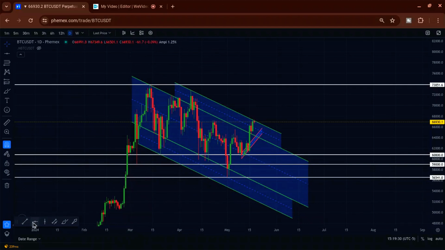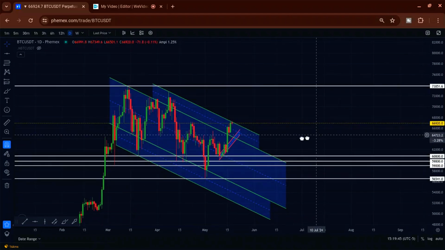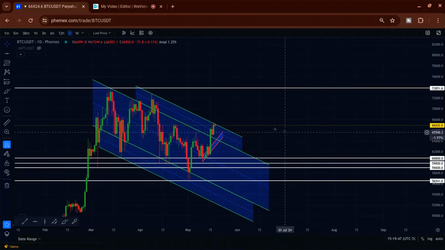I should probably put one here. I've been watching this level, the 59,800, because that's the 18% dump where the wick stopped. I didn't draw that in, did I? But there it is, right? And then there's a level at about 65,000 where I've been marking with a double white line.